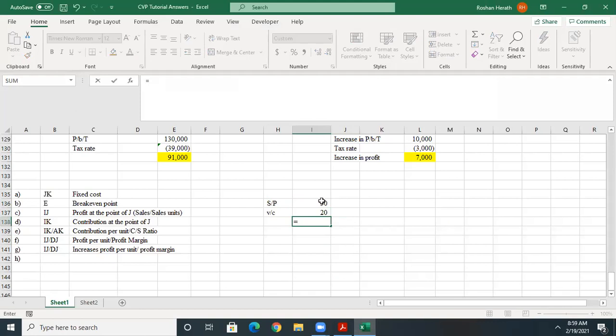So thereby the contribution is going to be 10. Then let's assume fixed cost is 200,000.